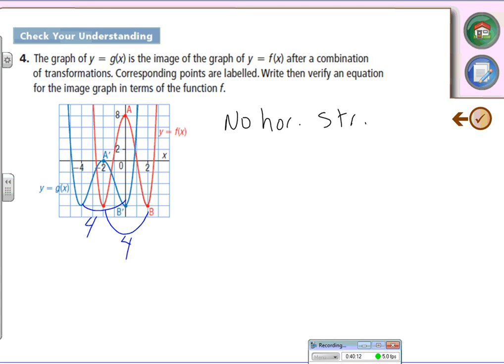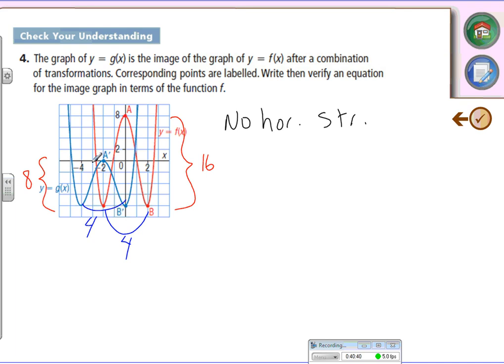Let's do the same thing with the vertical. Originally, from the max to the min, there's 8 on the bottom and 8 on the top. So that means between the two of them originally is 16. On the new one, between the max and the min, is only 8 now. So we had 16 vertically, now it's 8.